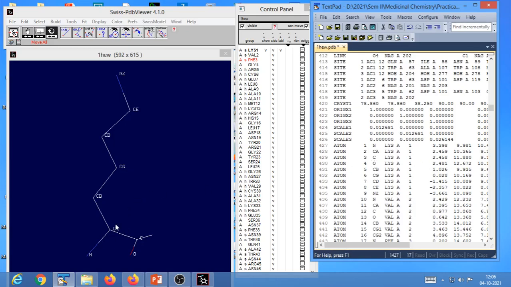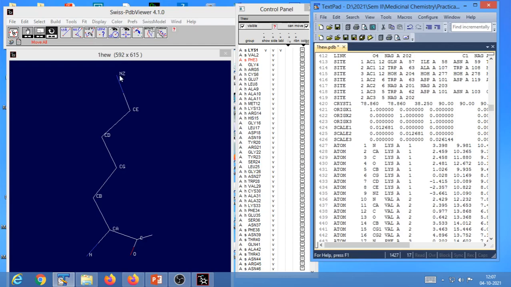To your C alpha carbon atom you have this C beta carbon atom, and you have this C gamma carbon atom, which is represented over here. Then you have the C delta carbon atom, which is represented over here at the 7th position. Then you have the C epsilon carbon atom. And at the end of any lysine molecule there is a nitrogen atom, or amino group, that is present over here.